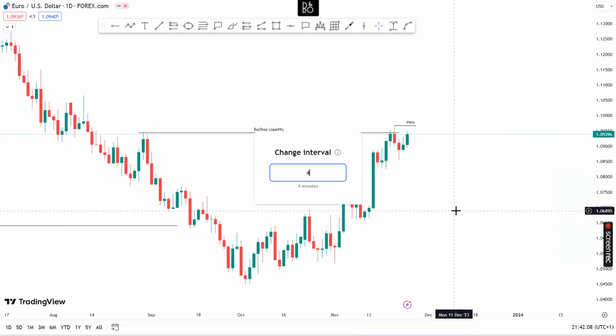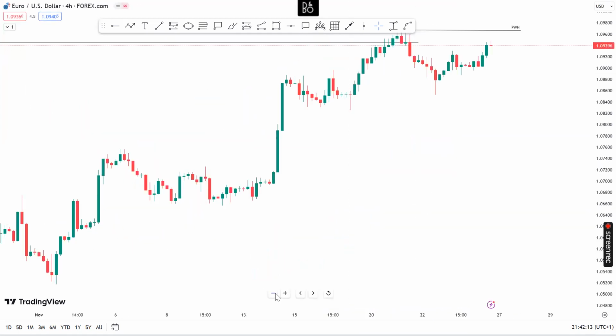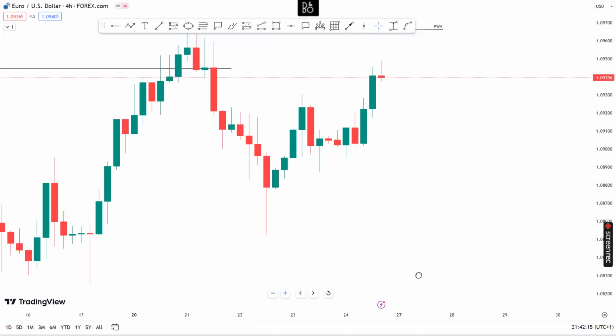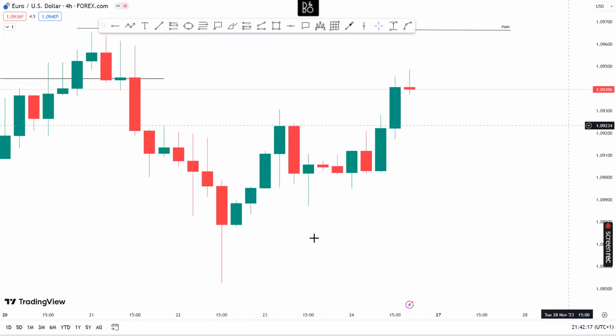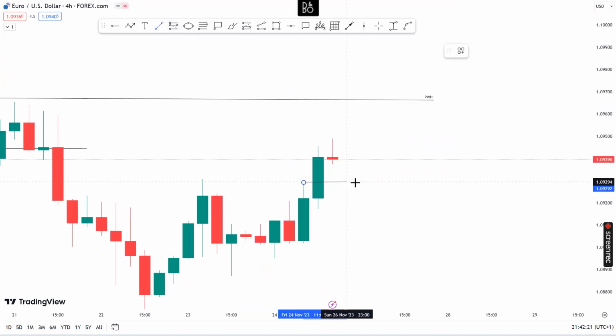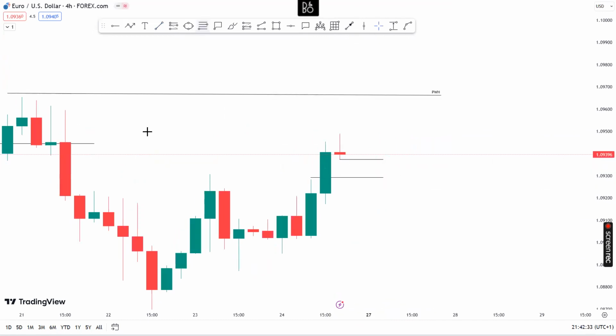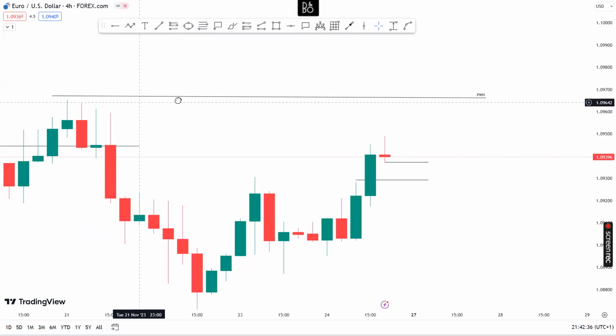So going down to the 4 hours, before that should happen, price should at least drop a little into this 4-hour gap to take out this previous week high.